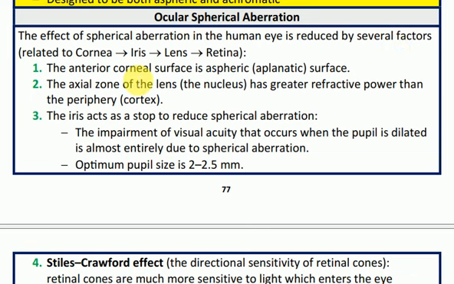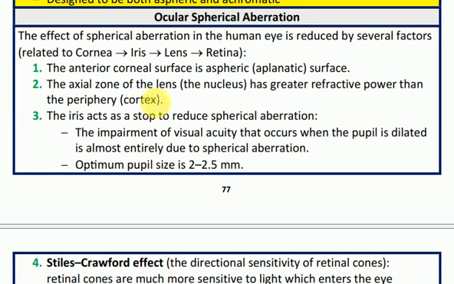The anterior corneal surface is flatter peripherally than its center, and therefore acts as an aplanatic surface.